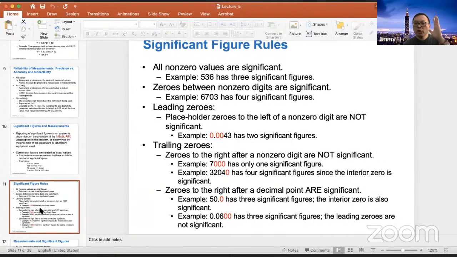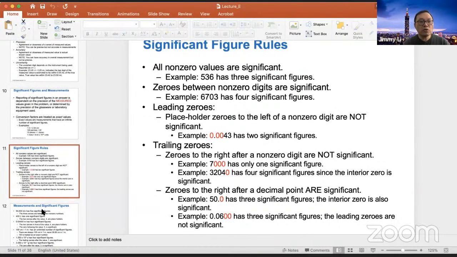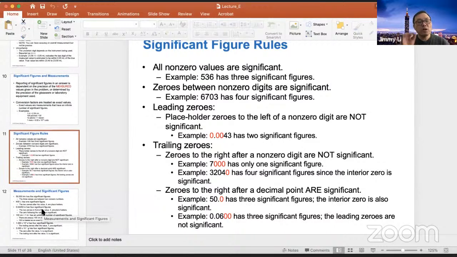That's very important. Then you identify your last significant digit. Anything in the middle counts as part of the significant figures. As soon as you identify the first non-zero and your last significant figure, anything in the middle is significant. Make sure you get that.